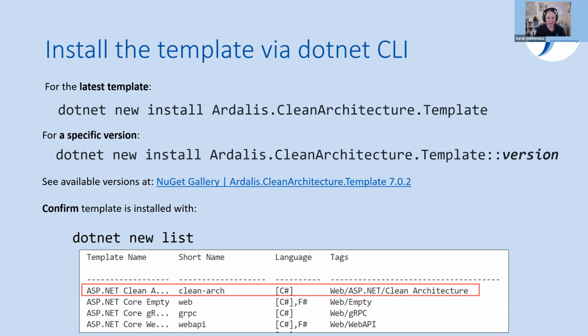If you are not at the latest and greatest versions, if you're at an older version, for example, then you could check the NuGet gallery, and the NuGet gallery will have the different versions for you. So then you can say dotnet new install Ardalis.CleanArchitecture.Template, the double colons and the version. Once you have it installed, then if you do dotnet new list, you should see clean-arch as its short name.